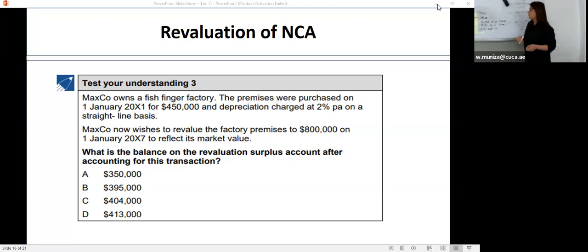How much are we going to write in front of revaluation surplus? The difference between carrying value and revalued amount, or simply add them both. How much is it? 404,000. This is the amount which we are going to write in revaluation surplus. Samiha, understood?